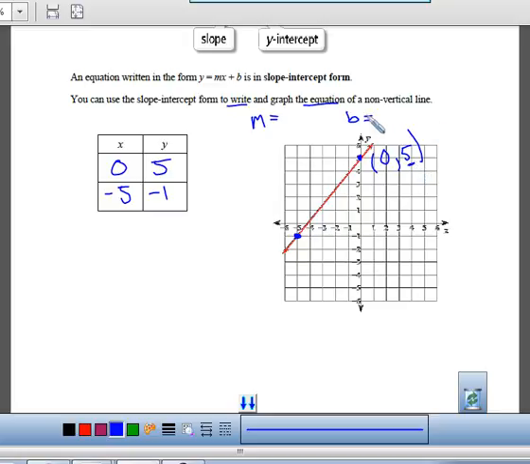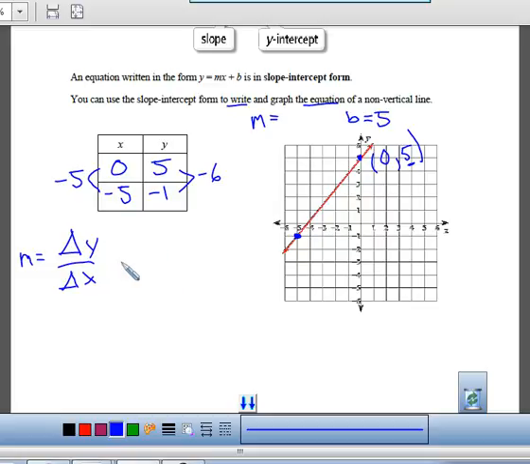And the value 5 is what we need. Then we got to find the change in y over the change in x to get m. So m equals change in y over change in x. What is the change in y? To go from 5 to -1, we're going down 6. To go from 0 to -5, we're going down 5.